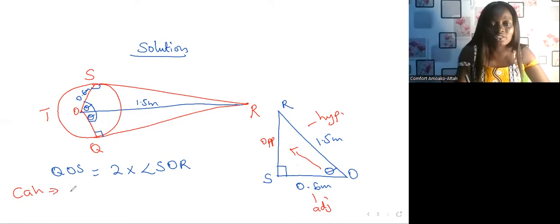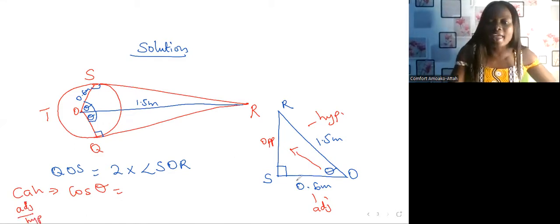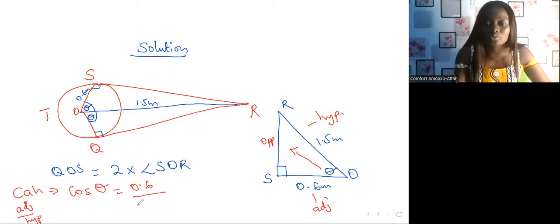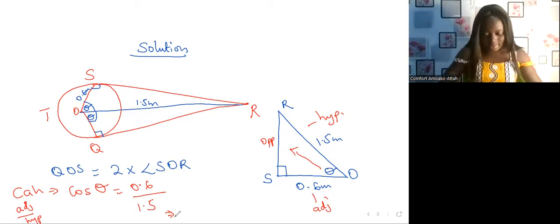All right. So CAH: we are going to use cos theta is equal to, where is the A? CAH is adjacent over hypotenuse. So A is 0.6 over the hypotenuse, 1.5. All right, so now punch this for me. What are you going to get? I'm waiting for you.